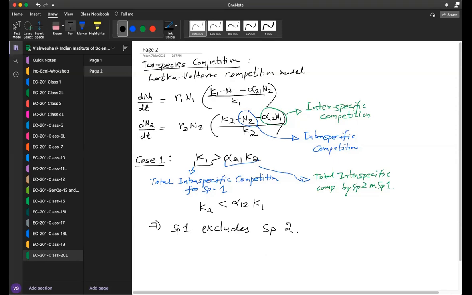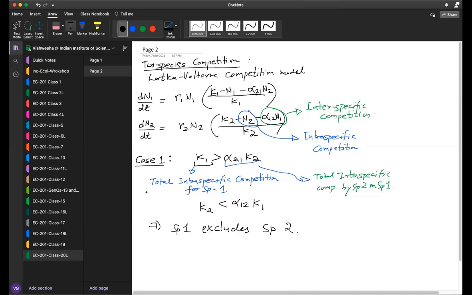That means a small number of individuals of species 1 can invade species 2 at its carrying capacity. Exactly the opposite happens when the system is full of species 1. The competition effect on species 2 will be alpha 1 2 K1. But because K2 is less than this, species 2 cannot invade that system. Which means that species 1 will exclude species 2.